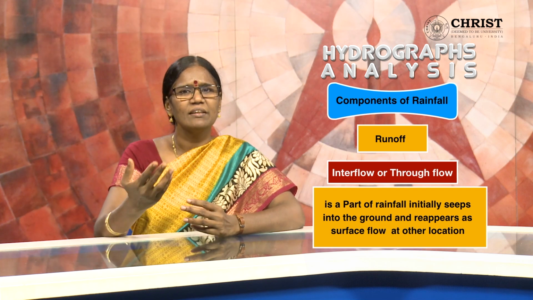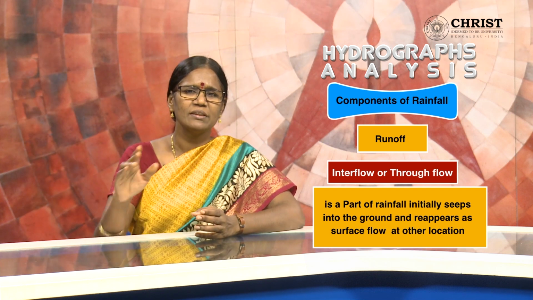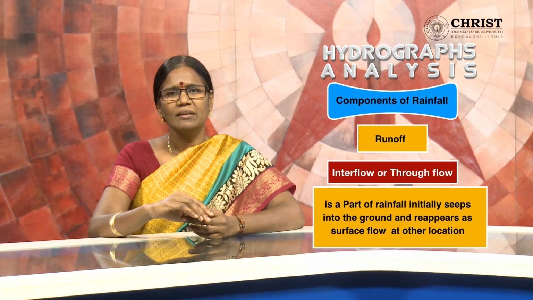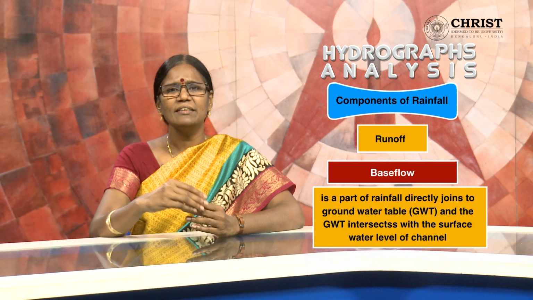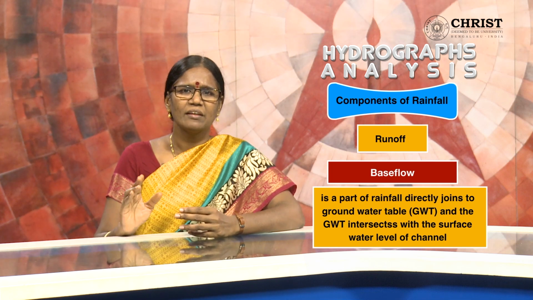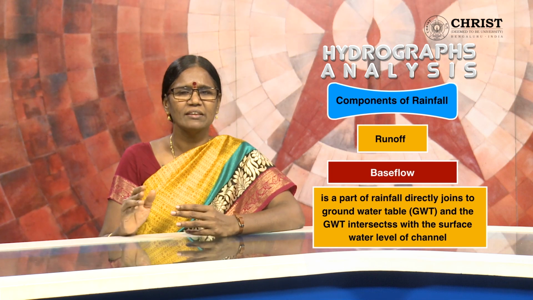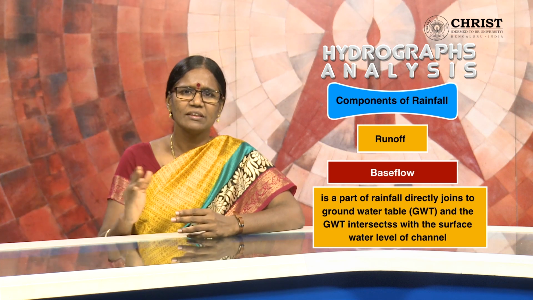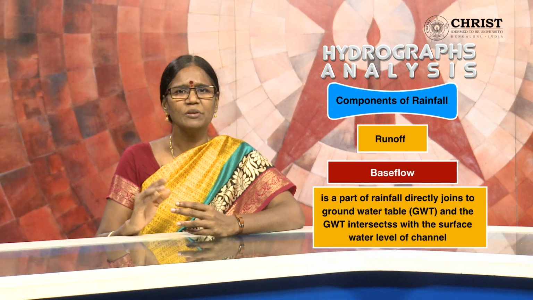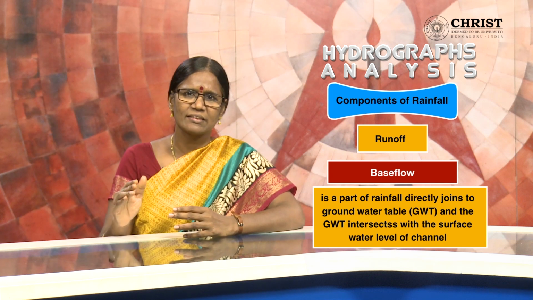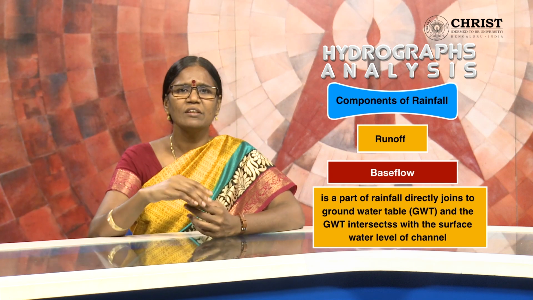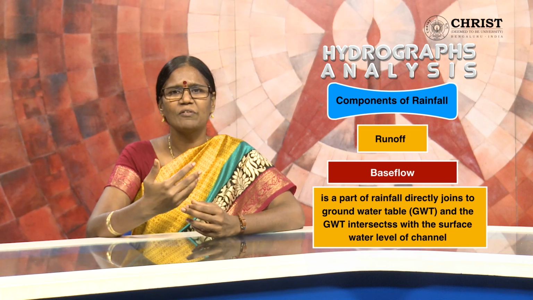With a relative delay with respect to overland flow, it joins the stream flow. Then coming to base flow, it is a part of rainfall that directly joins the groundwater table, and the groundwater table intersects with the surface water level of the channel. So, groundwater contributes to stream flow. This contribution of groundwater to a stream discharge is called base flow. This runoff is also called a delayed flow.